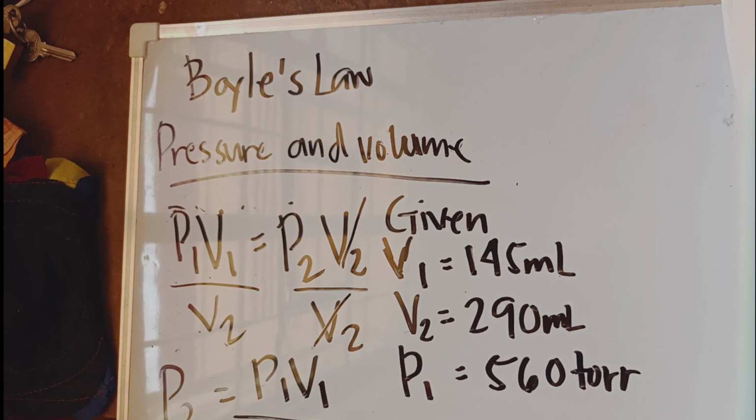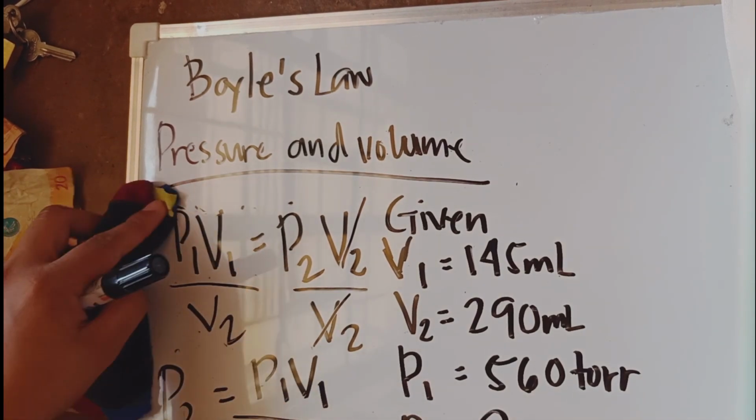The pressure can also be expressed in torr, atmospheric pressure, millimeters of mercury, inches of mercury, pounds per square inch, pascals, kilopascals, or bars. But here we're having torr, which came from Evangelista Torricelli. Okay. So pressure 2 is being asked, and you put a question mark.